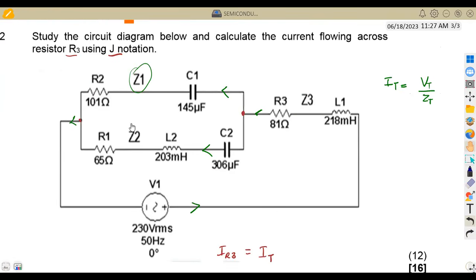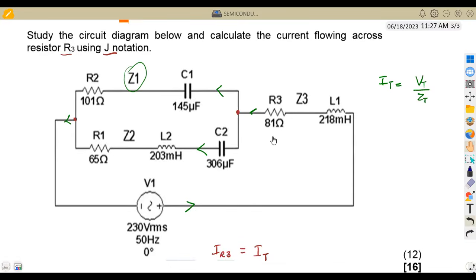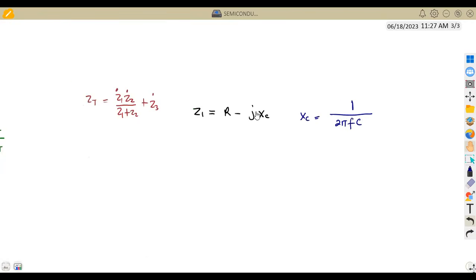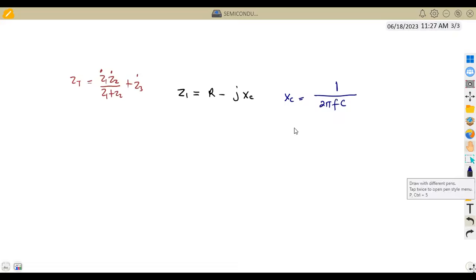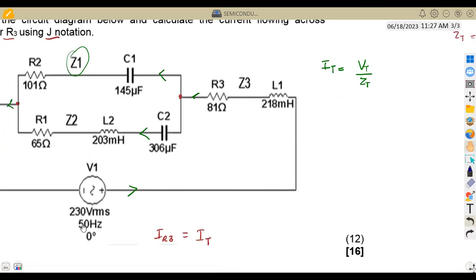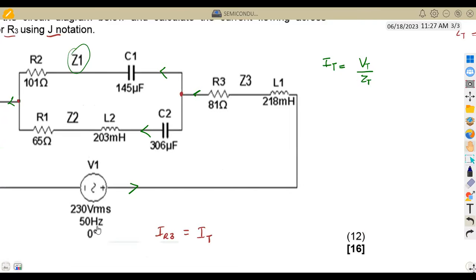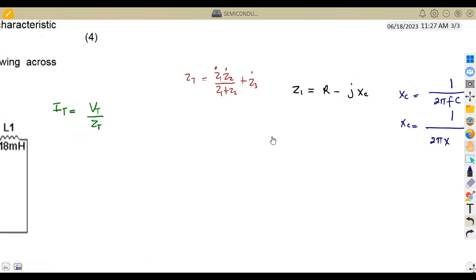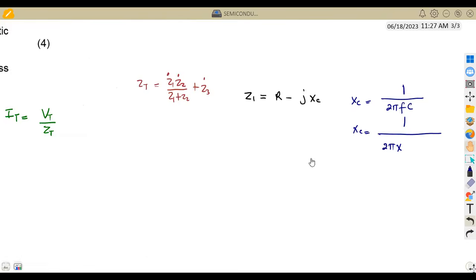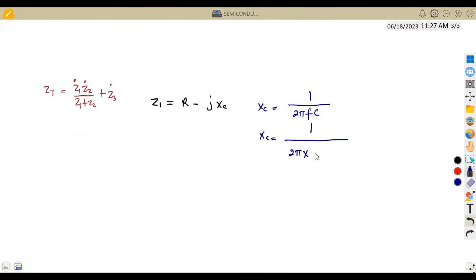So we have the resistance and we've got the capacitance. We are going to find XC first, when our capacitance is 145 microfarads. So XC is going to be 1 over 2 pi times the frequency from our circuit. Here our frequency is given as 50 hertz, measured in hertz.